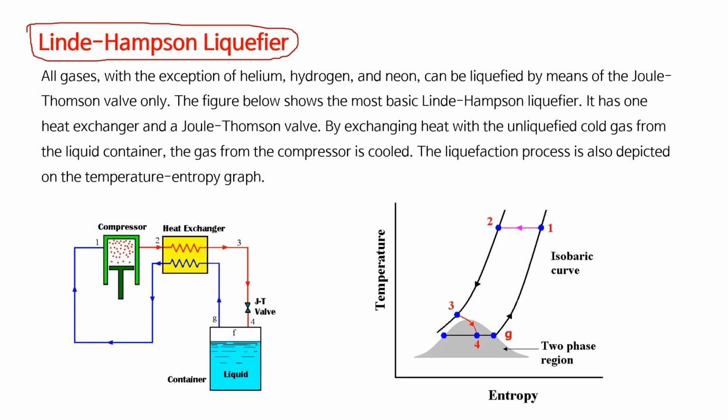We already discussed that all gases except helium, hydrogen, and neon have the maximum inversion temperature higher than the room temperature. So we can liquefy those gases by using only a Joule-Thomson valve.